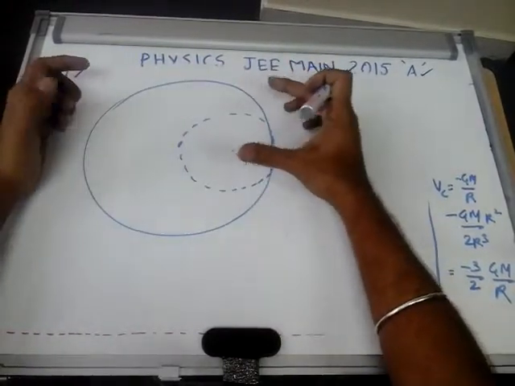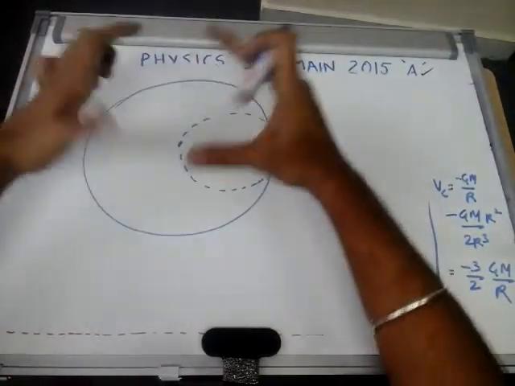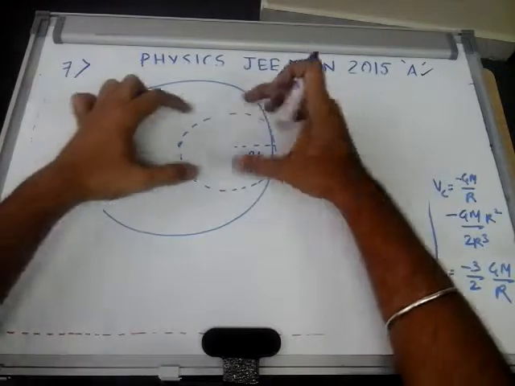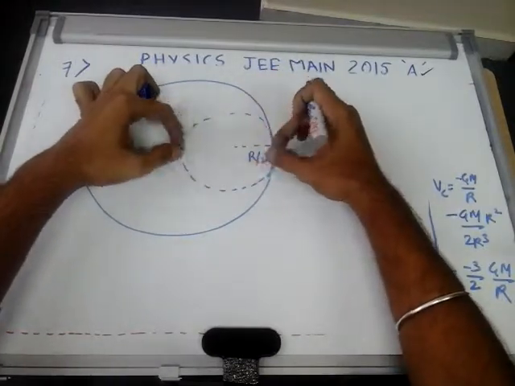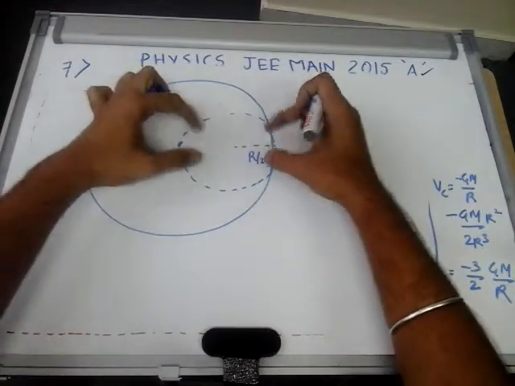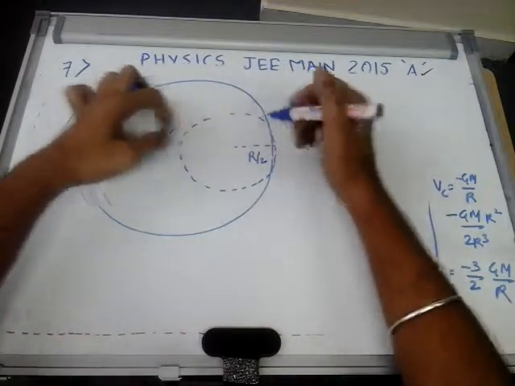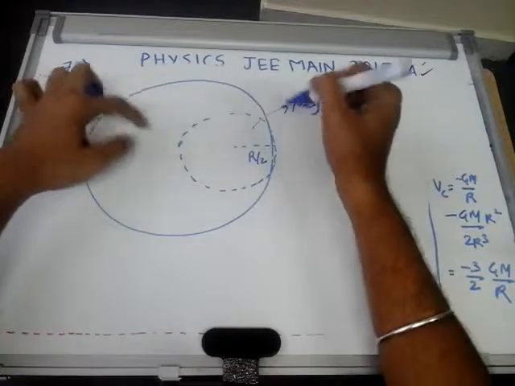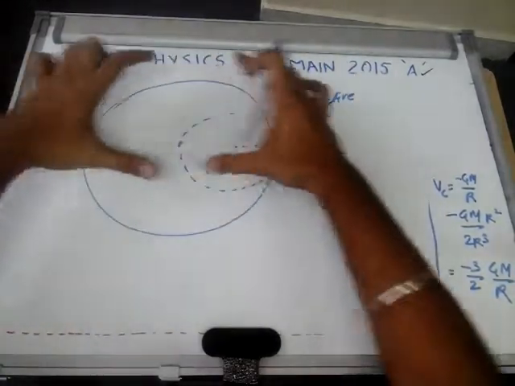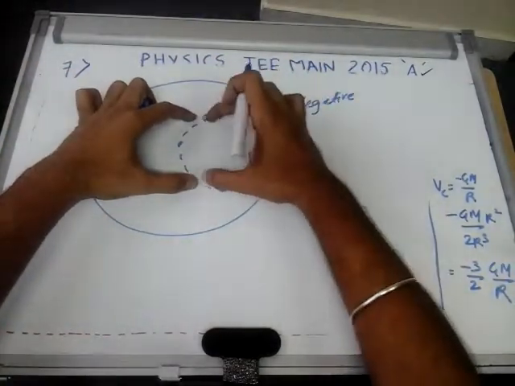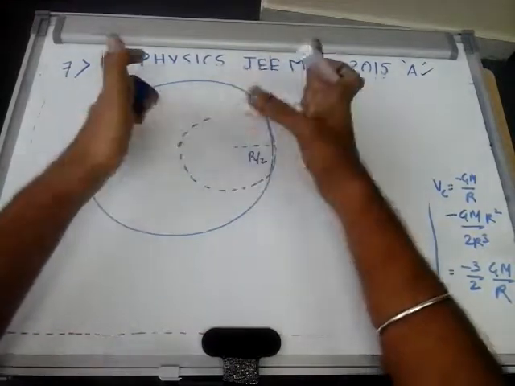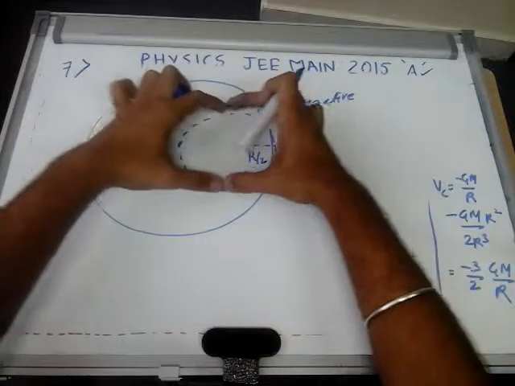I can assume that initially I have a full sphere of positive mass density, and in this region I have kept a sphere of radius r by 2 of negative mass density. So this is negative mass and full sphere is positive. So when positive mass combines with negative mass of equal magnitude, we have ultimately nothing. So this region is empty.